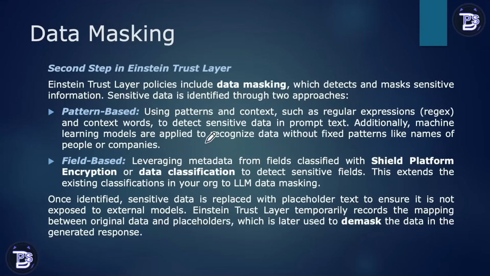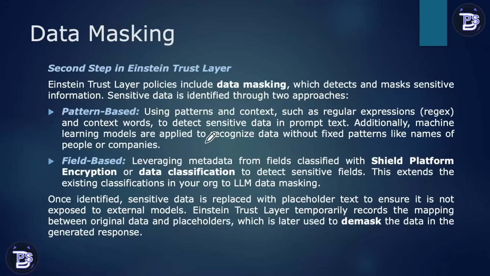The pattern identifies and masks them, and a unique key is associated with every masked detail, so that whenever the LLM gives the response back, the same mapping can be utilized to demask the data, and the actual data can be displayed to the end user.